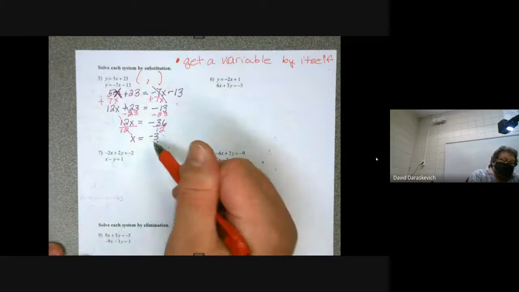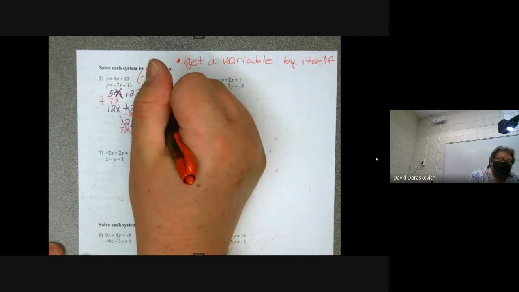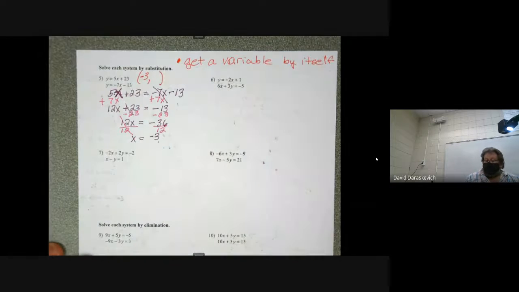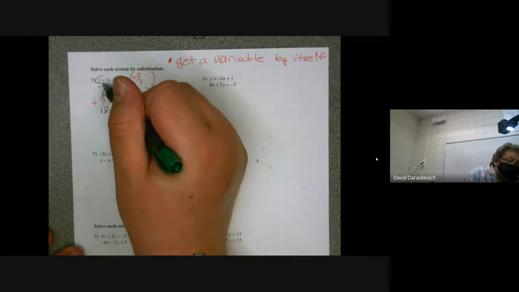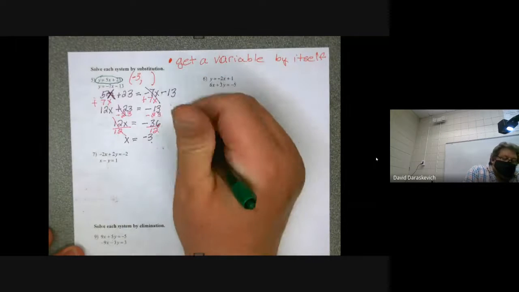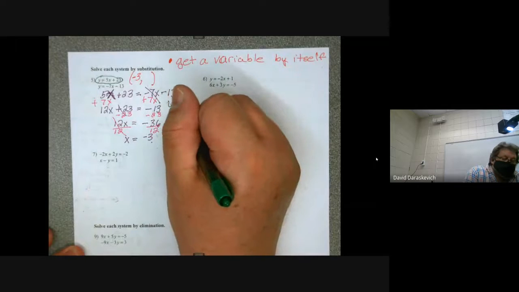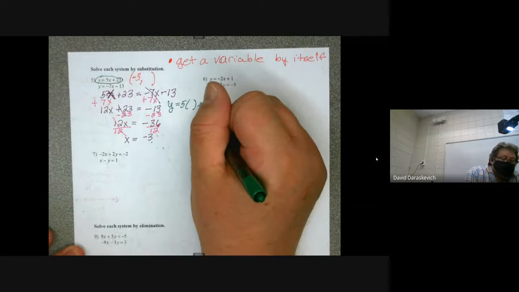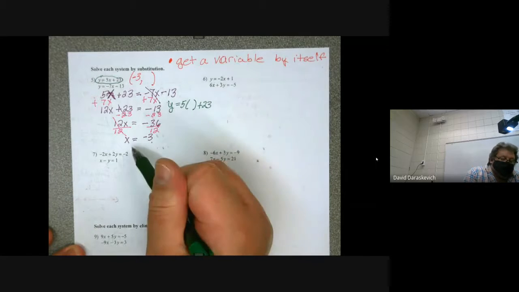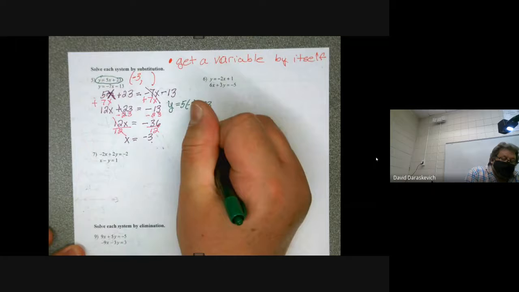I have x. Now I got to get y. So I need to go back, pick either one. I don't care. I'm going to pick this one. Y equals 5. I'm going to substitute in what I already know for x, which is -3.